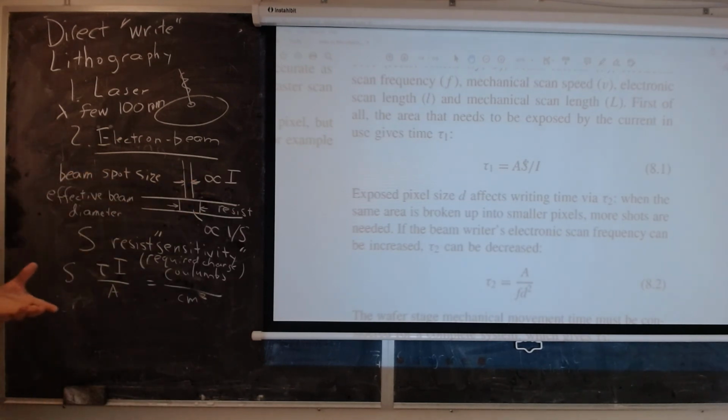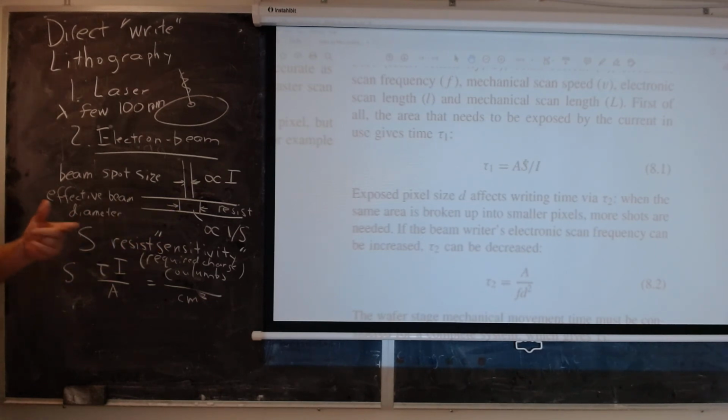What I'm getting at is you're not going to become experts in e-beam lithography from this short lesson. I want you to remember these few principles up on the board. S is the resist sensitivity, in quotes, meaning the bigger it is, the more charge is required, and so the longer it takes.